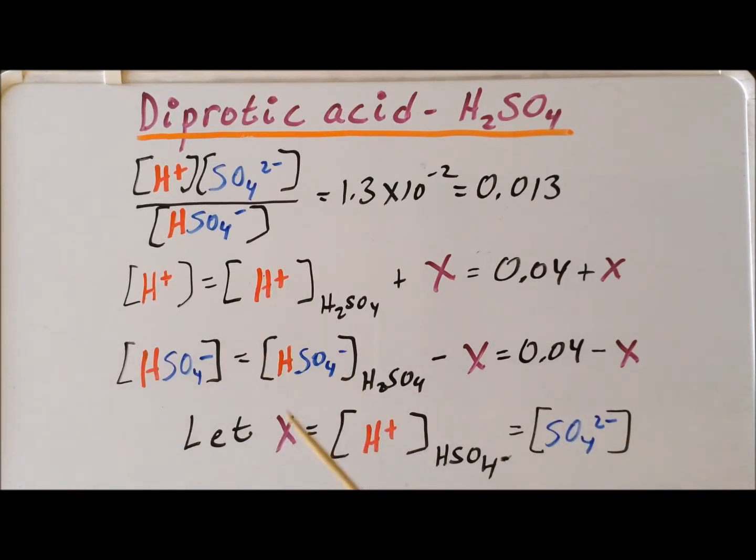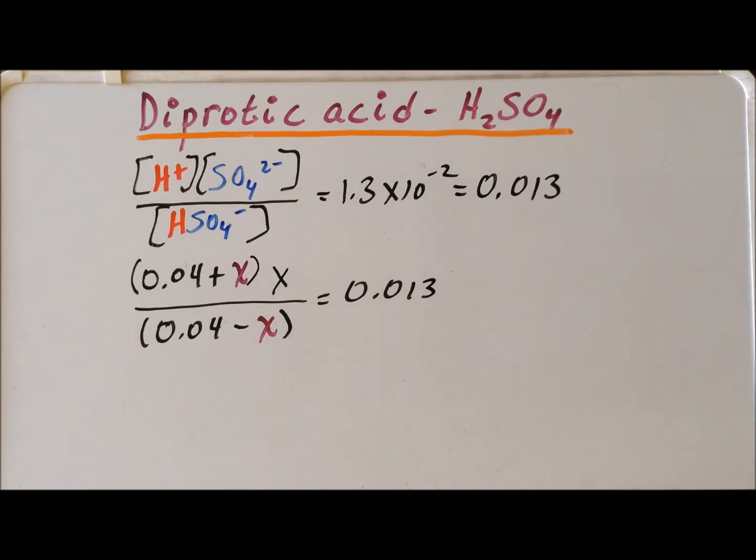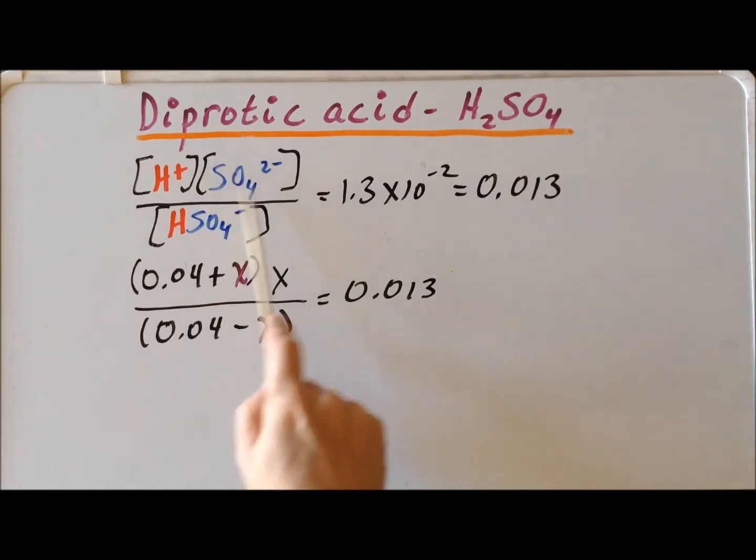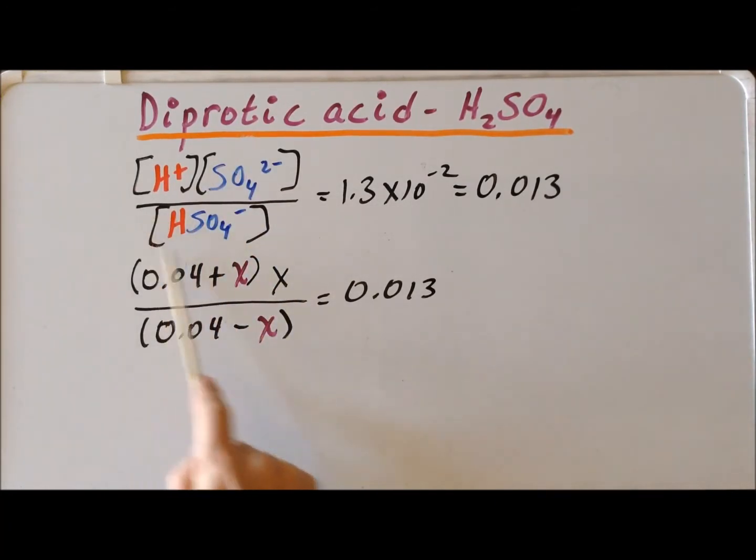So in the next step, we're going to substitute each of these expressions into the equilibrium constant expression. So substituting in, we get 0.04 plus x, that's our H plus. Our concentration of sulfate is x, and our concentration of bisulfate is 0.04 minus x.